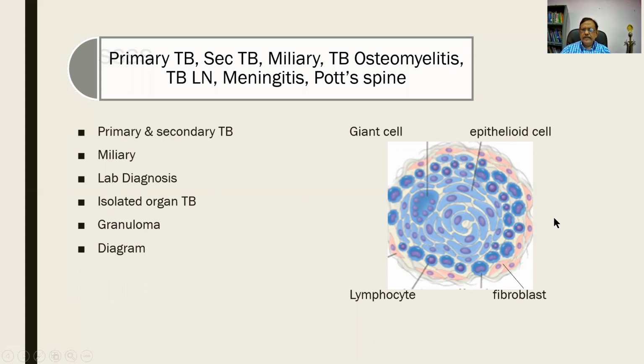So this is one picture that I would like you people to always bear in mind, because this can be drawn for any of these questions. It gives primary tuberculosis, secondary tuberculosis, miliary tuberculosis, tuberculous osteomyelitis, TB lymph node, meningitis, and caries spine.